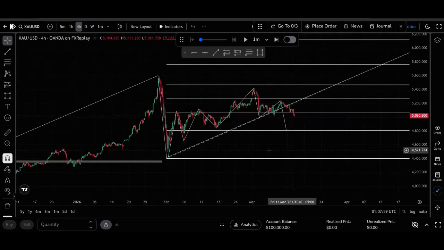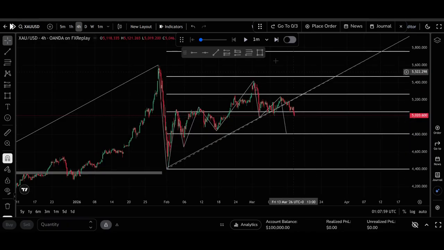So what I would do is, for example, this is the 4 hour, and I'd mark out this 4 hour, do the same thing in regard to sell pressure and buy pressure, and use that to understand what price is going to do.